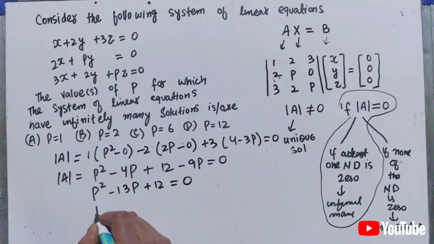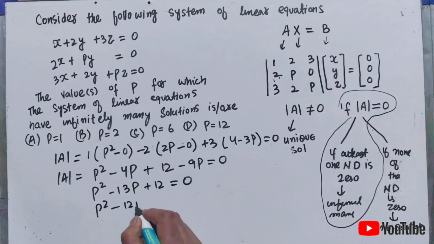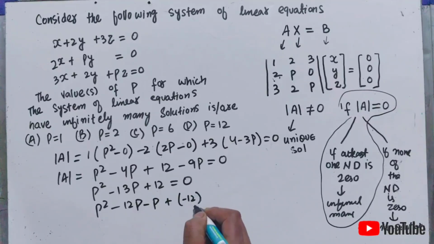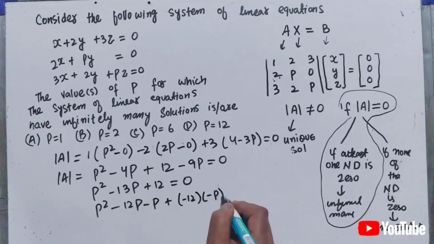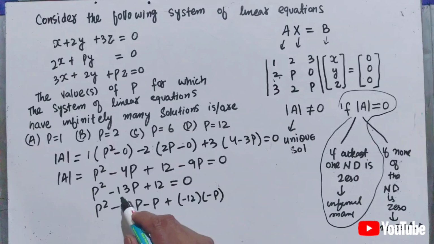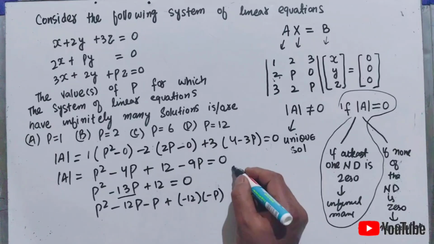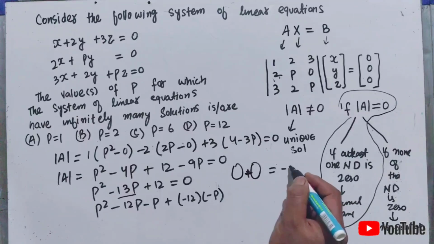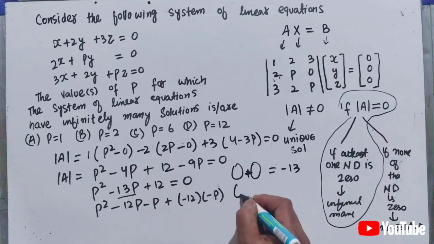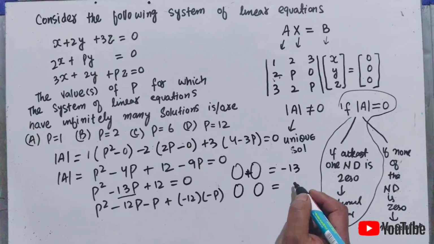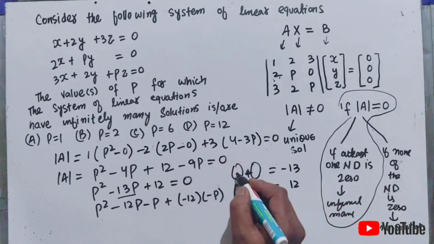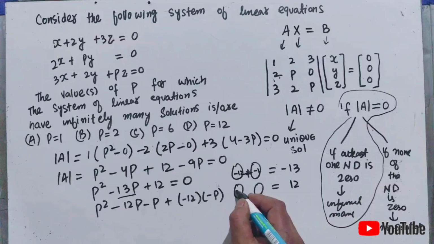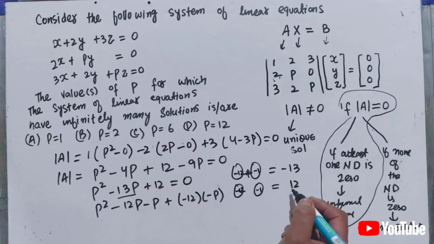So we will get p square minus 12p minus p plus 12. What we have done, we separated the middle term in such a way that the sum of the two numbers should be equal to minus 13, and the product of the same two numbers should be equal to 12. So if we write here minus 12 and minus 1, it becomes minus 13. Minus 12 into minus 1 is plus 12.